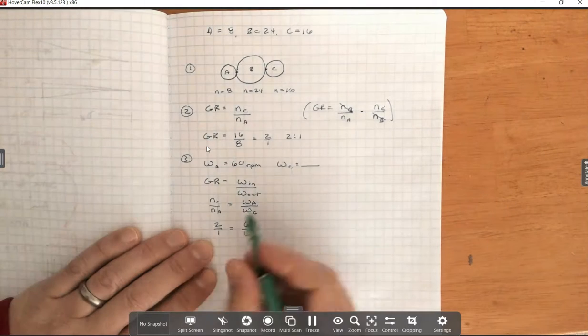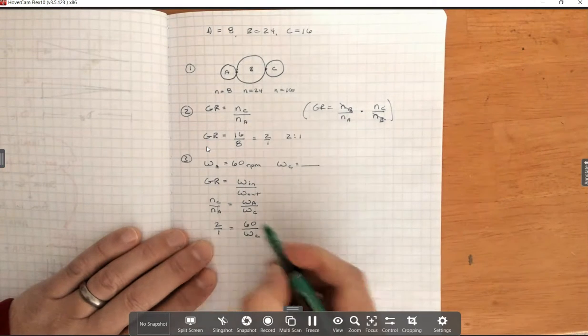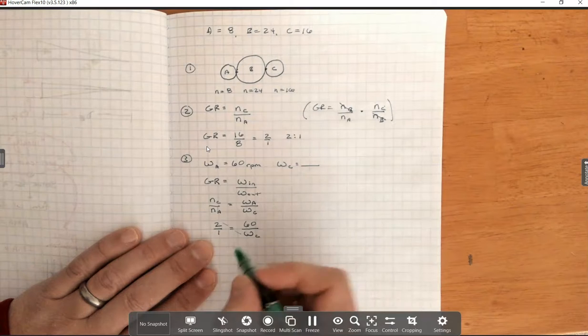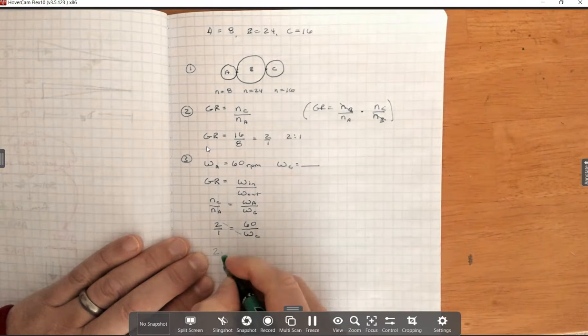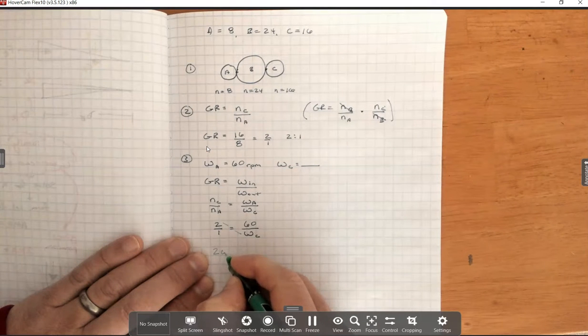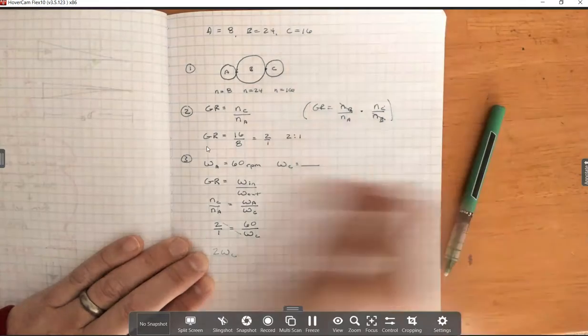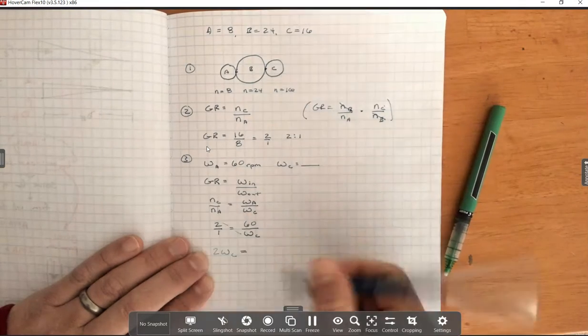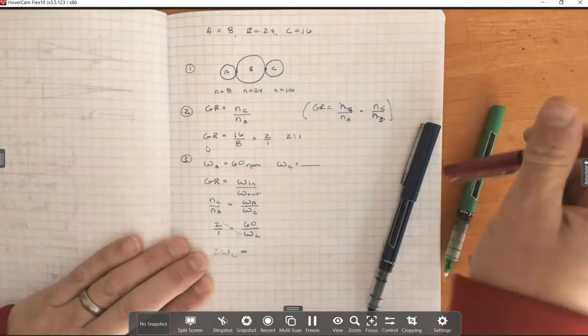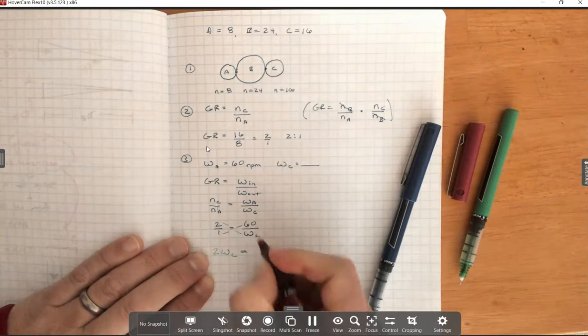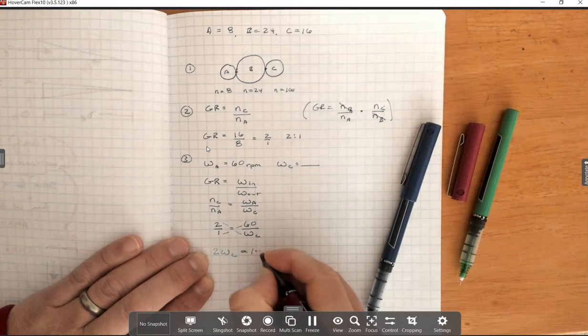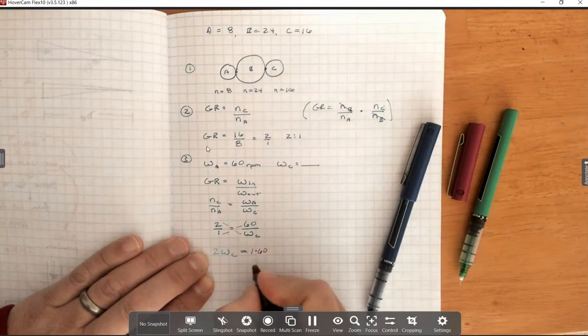An easy thing to do when you have a fraction equal to a fraction is to set the diagonal products equal. So the product of 2 times the angular velocity of C is equal to the other cross product, which is 1 times 60, which is just 60.